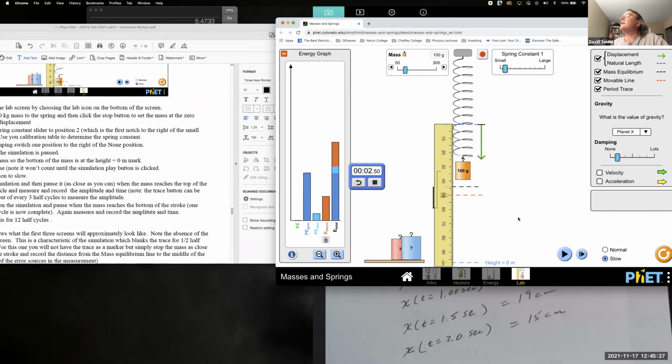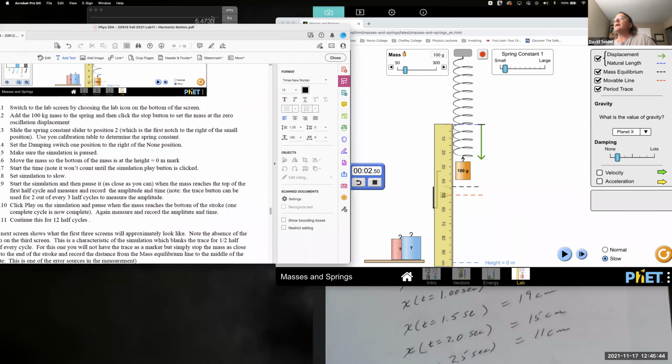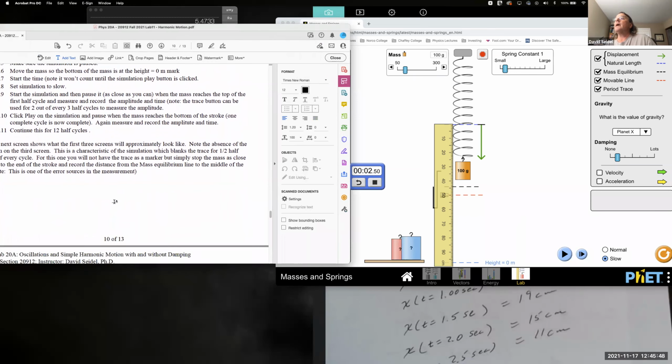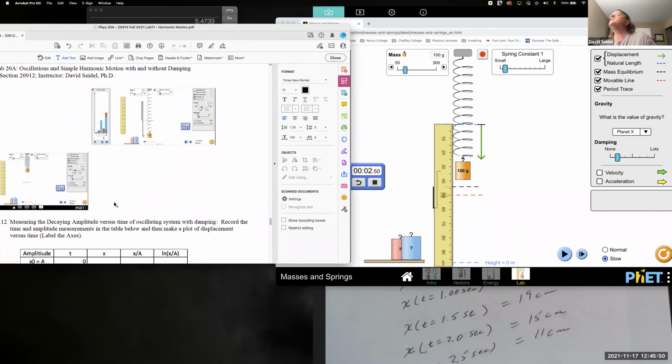And I'm going to say 11 centimeters. Okay, now I'm just going to do those 5. You have to do more of them. You can choose 12 half cycles and you can set these up for yourself.